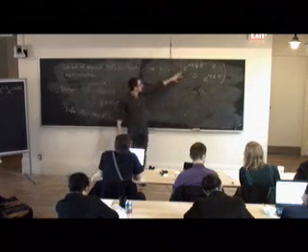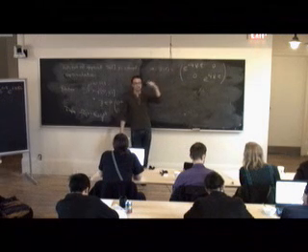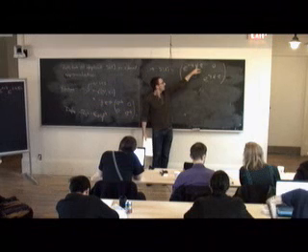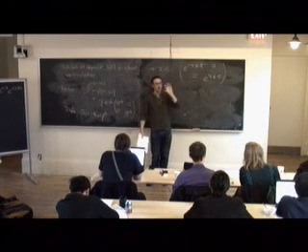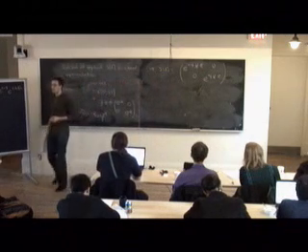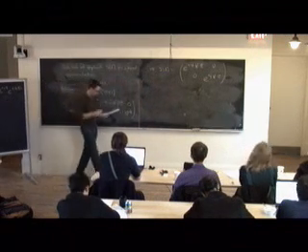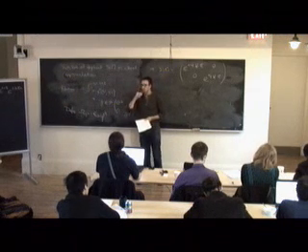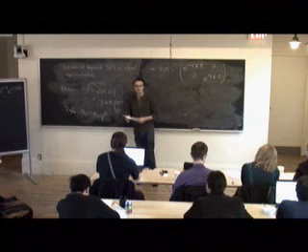So what is this telling us? We have a 4-component Dirac spinor. This is telling us if we rotate by an angle var phi, this is how you act on that particular spinor. Okay. Is this clear? No? Yeah?